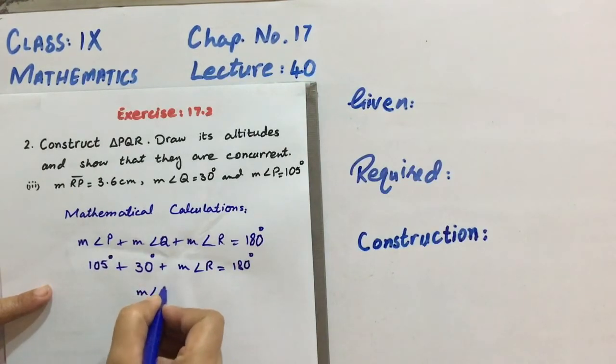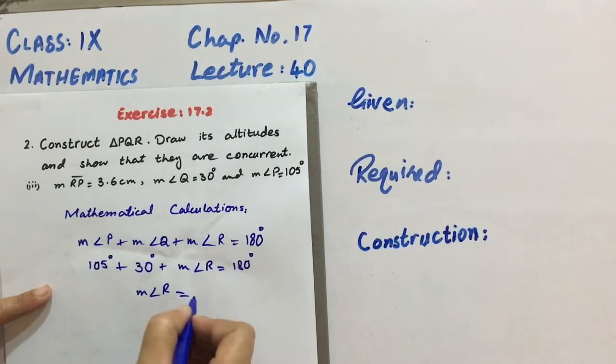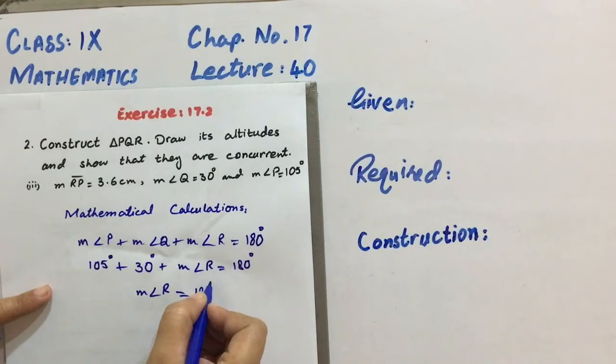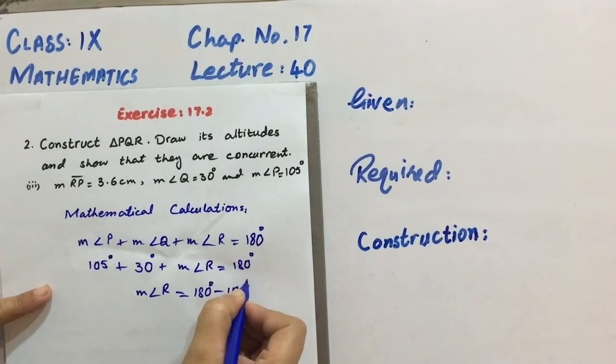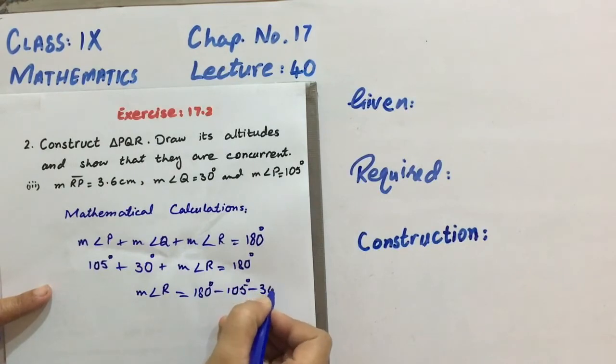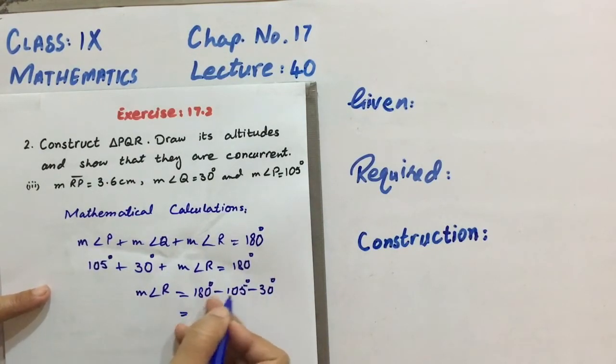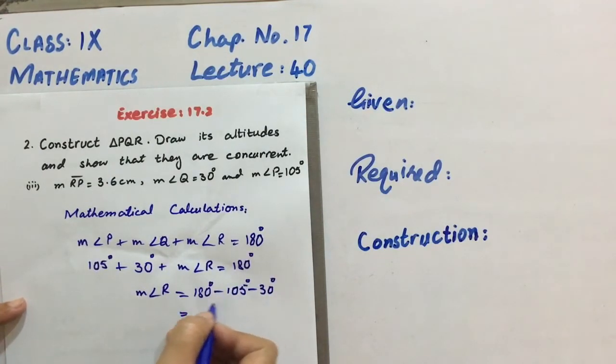Angle R is equal to 180 degrees minus 105 degrees minus 30 degrees, which means 180 minus 105 is 75 degrees, and 75 minus 30 degrees is equal to 45 degrees.